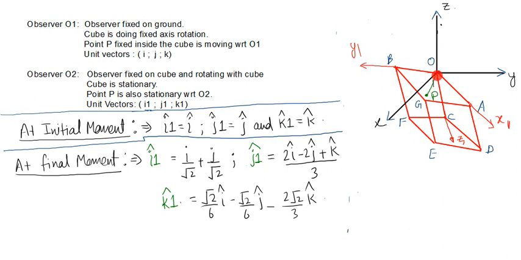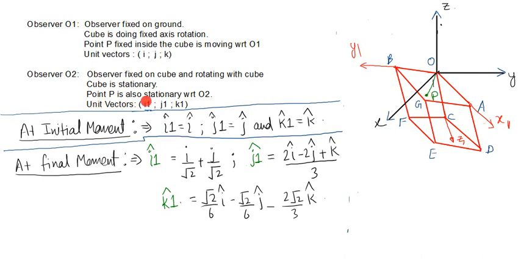Now O2 is an observer which is fixed on the cube and is rotating with the cube. So the cube with respect to O2 is stationary. Everything inside the cube is stationary with respect to this observer O2, which means that point P, for this observer O2, is not changing its position. Point P's initial position and final position are the same.